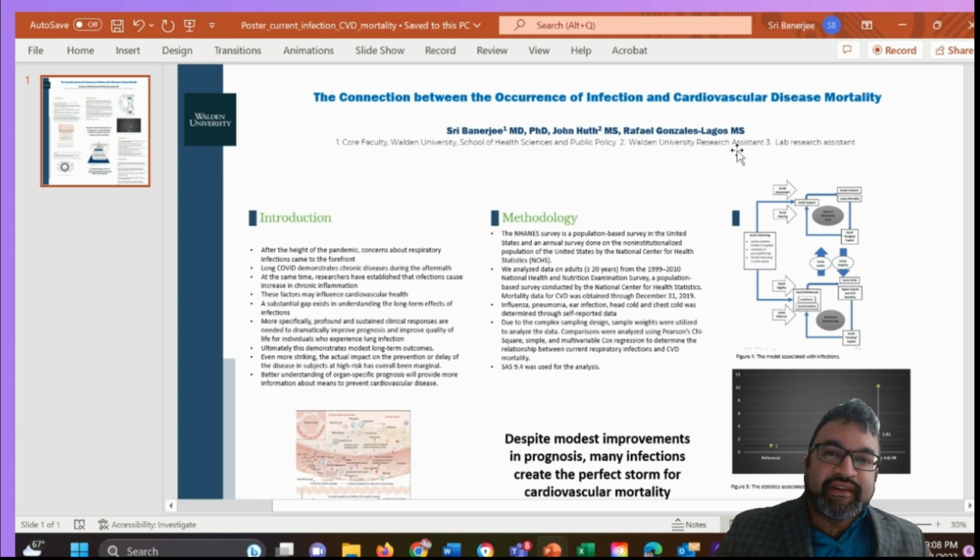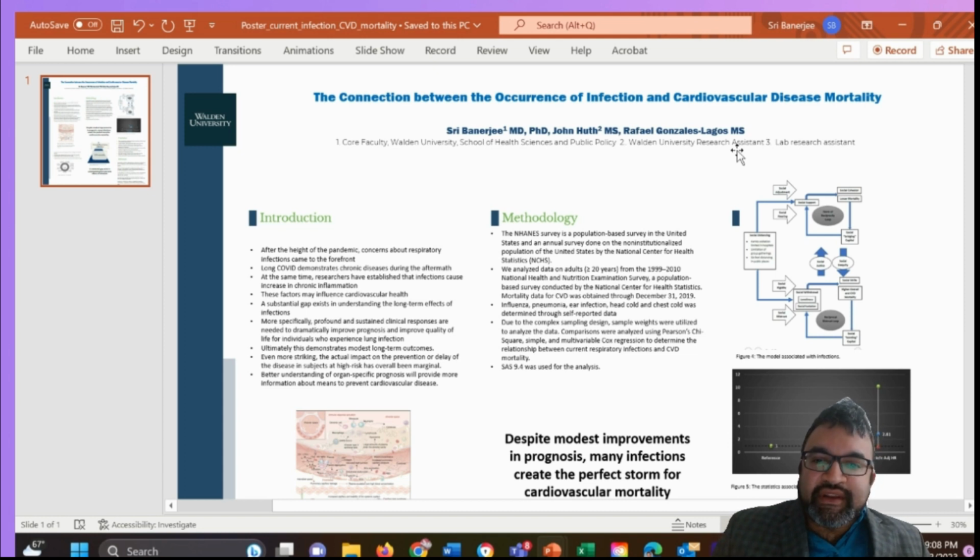Before we put the cart before the horse, let's talk about what the problem of cardiovascular disease is, and understand why infections are so critical now more than ever to better delineate.